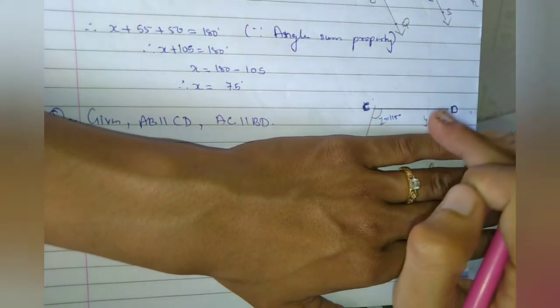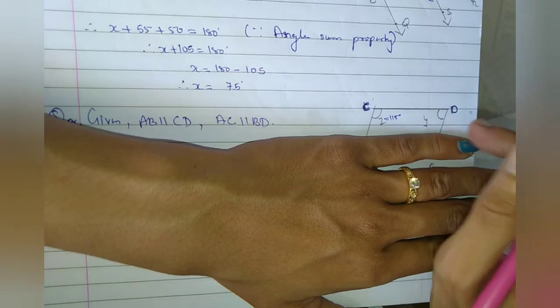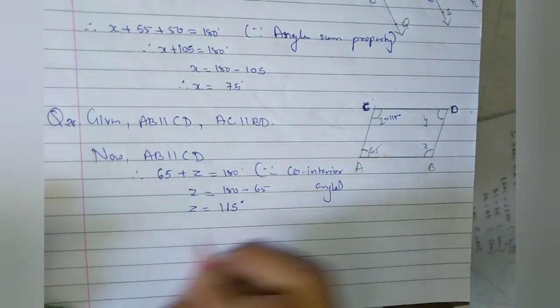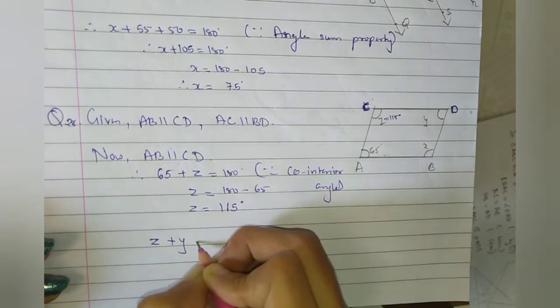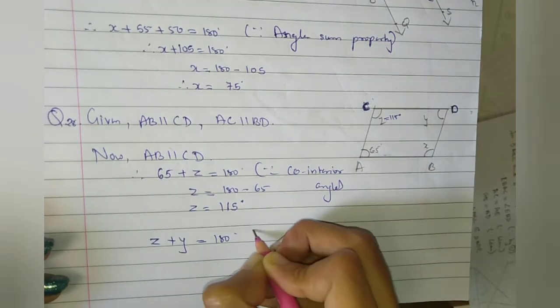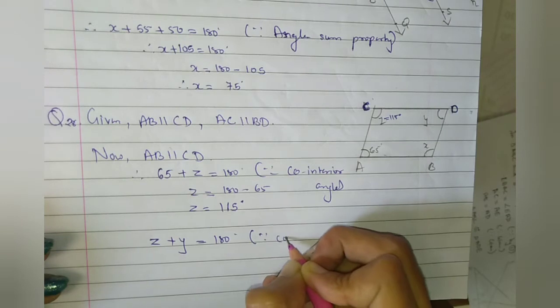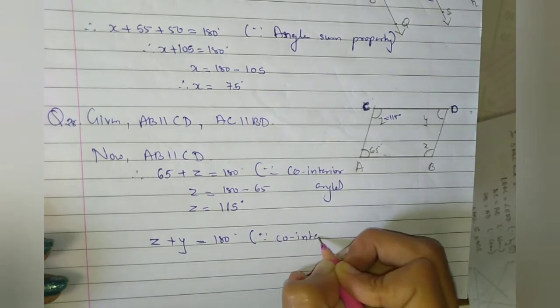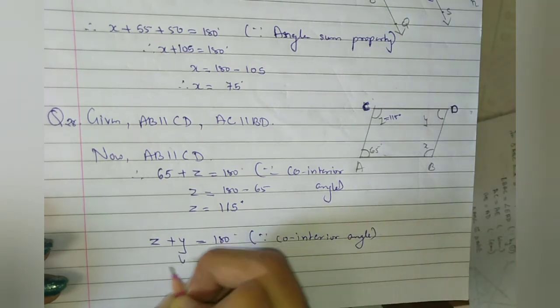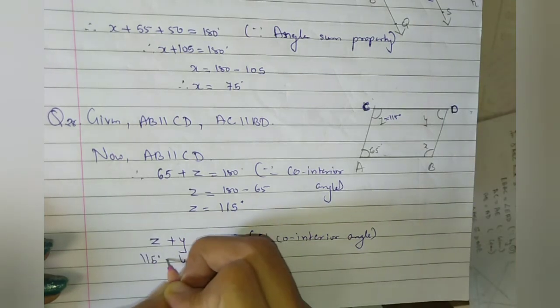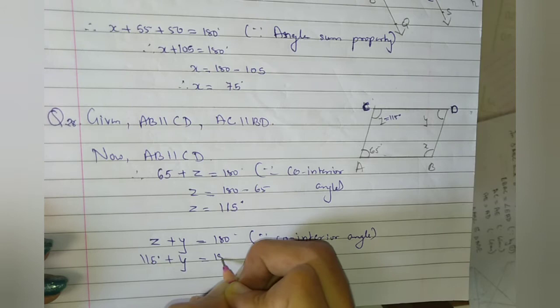So we will add: 115 plus Y equals 180. Same as it is, Z plus Y equals 180, Y co-interior angle. Now Z we know is 115 degrees, plus Y equals 180.